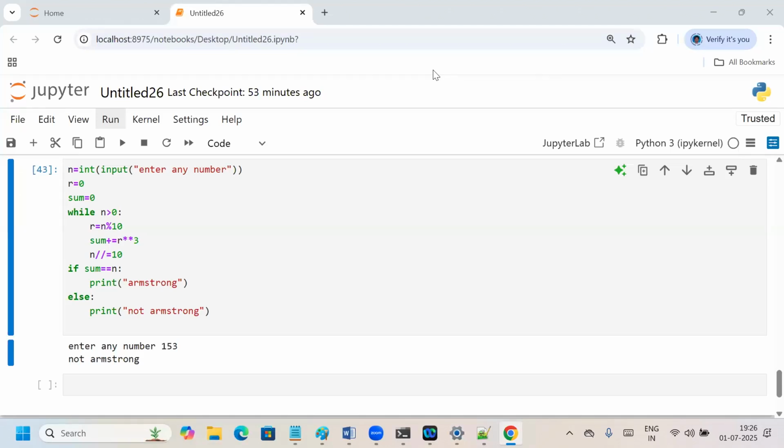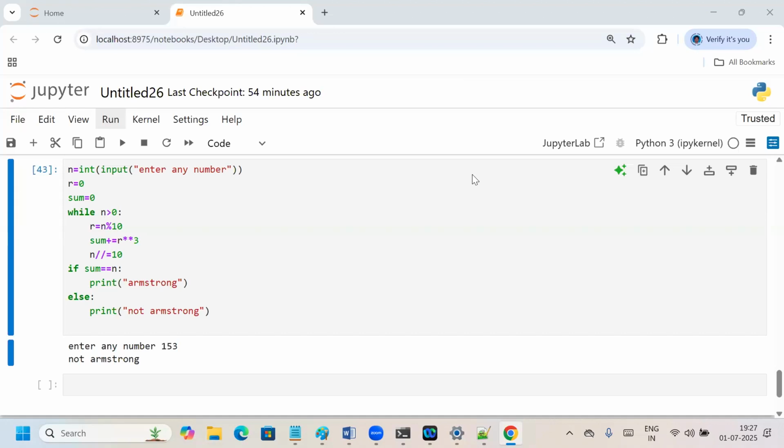Can you trace this code for 153, guys? Quickly, could you please trace it? If you trace it, you will get to know what's the problem. Trace: n value is 153. What is happening? R equals to 0, sum equals to 0. Iterate the loop. Iterate the loop, guys. N will become 0. Okay.